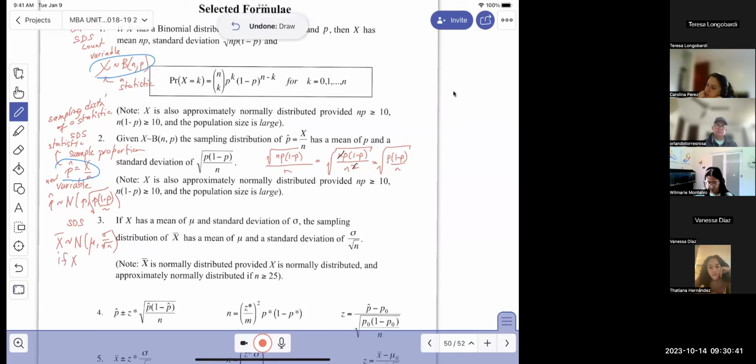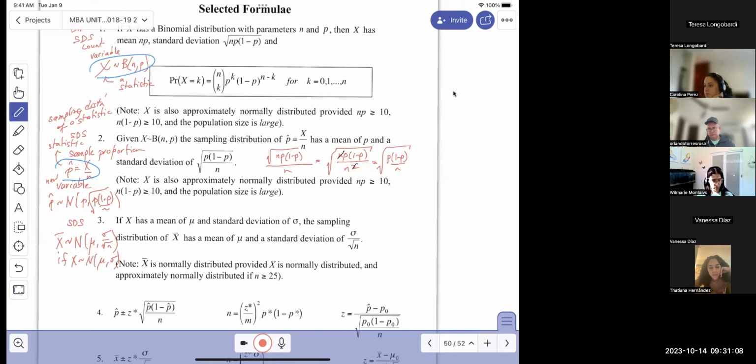If X is normal mu sigma, then X bar is normal mu sigma over root n. So if you're given this, it will be true. If you're not given this, now you can speak. Who just told me that answer? Carolina. Carolina, okay. So Carolina, you're correct if you don't have this information. It's only true if you have a large enough sample.